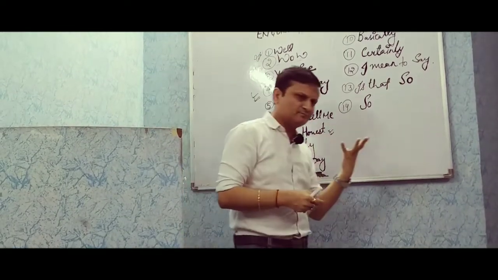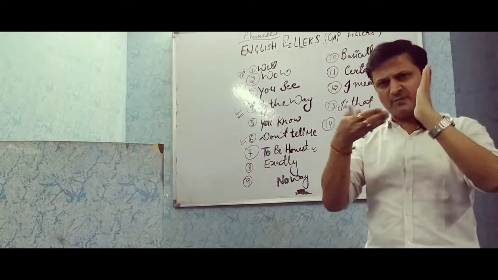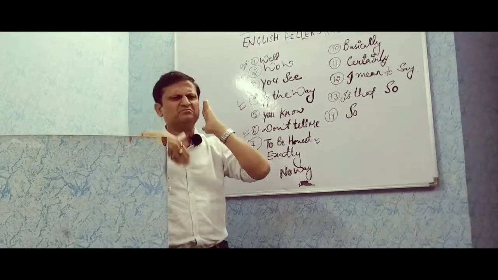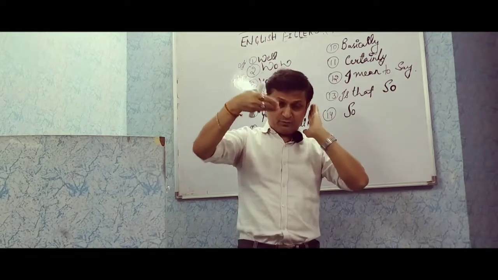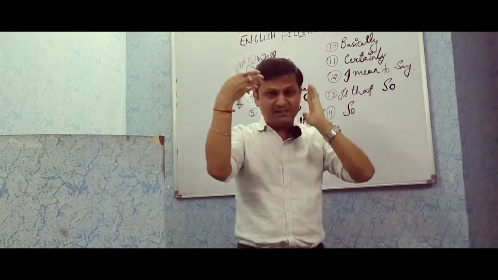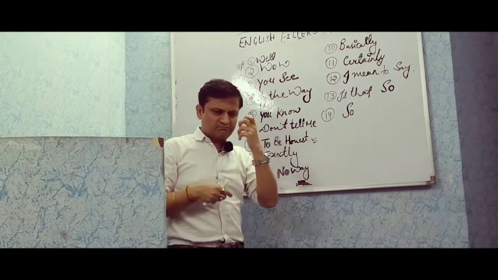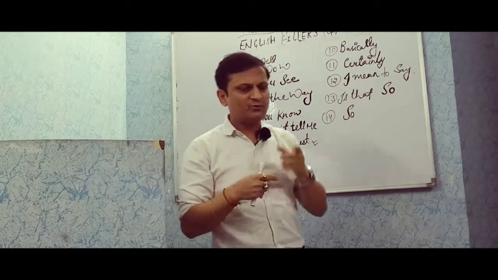And exactly. Instead of a person using yes, no, if you're having a conversation on the phone, the person listening to you can say yes, no, oh, okay. Instead he can use exactly, you're right, exactly.